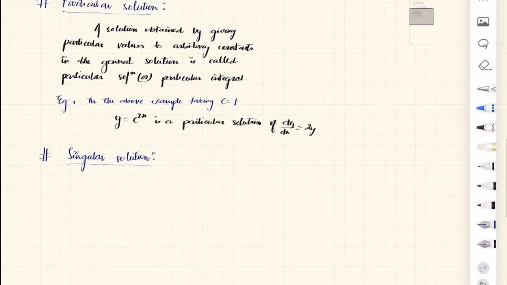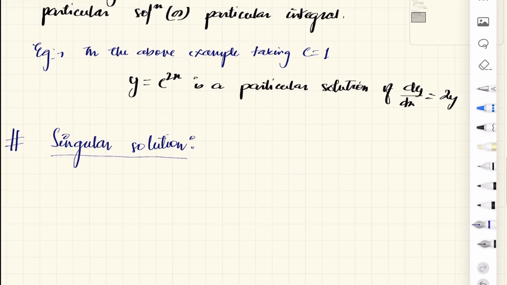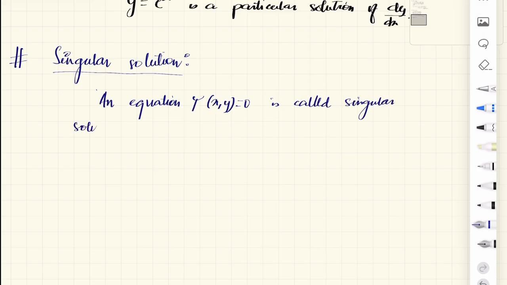And what about the singular solution? What do you mean by this singular solution? It should be an equation. This equation is called a singular solution of the differential equation.